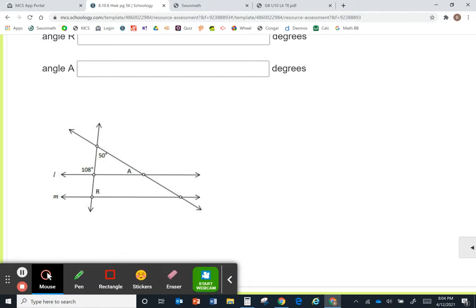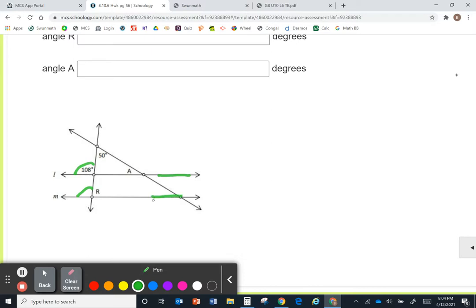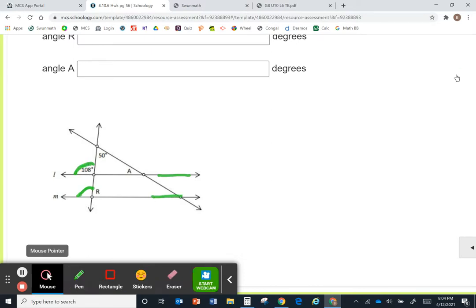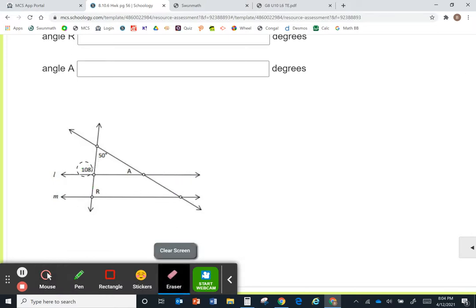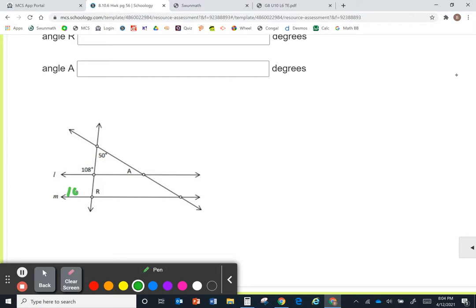All right, save mouse. Okay, look. These two are corresponding, say. This one and this one. See how they look? See, we got parallel lines, right? So these are corresponding angles. That means they're the same. Okay? All right, so this guy's 108. Okay, what's R? These are supplementary, say.